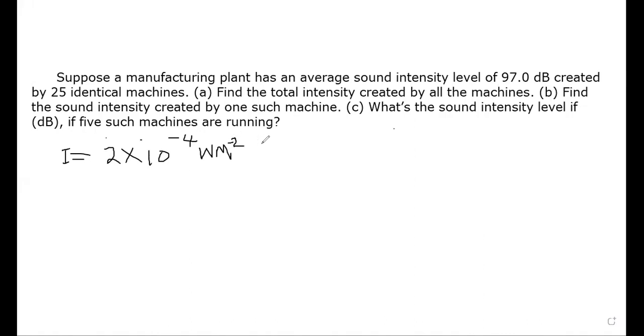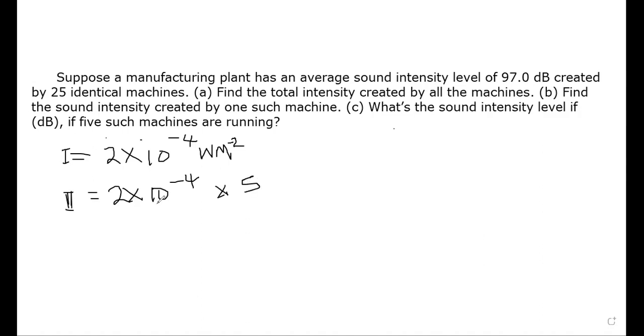This is what a single machine can produce. So 5 such machines will produce 2 times 10 to the power minus 4 times 5.